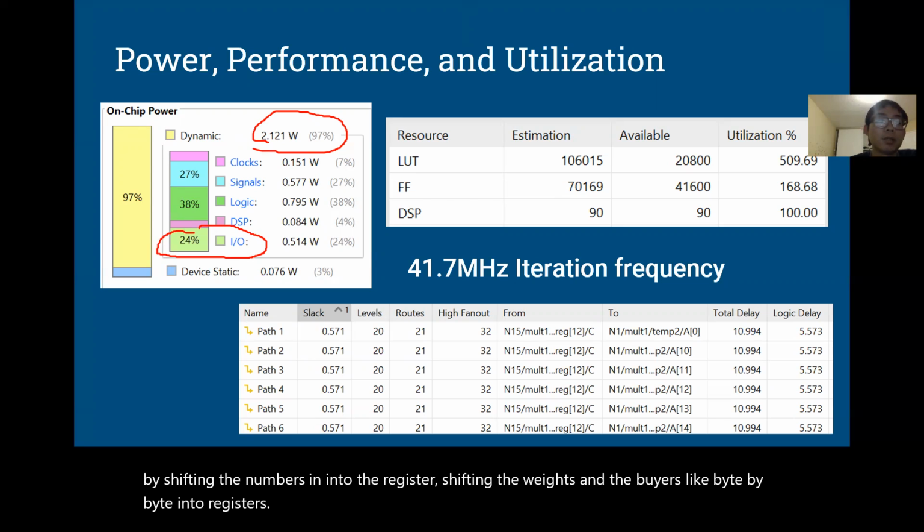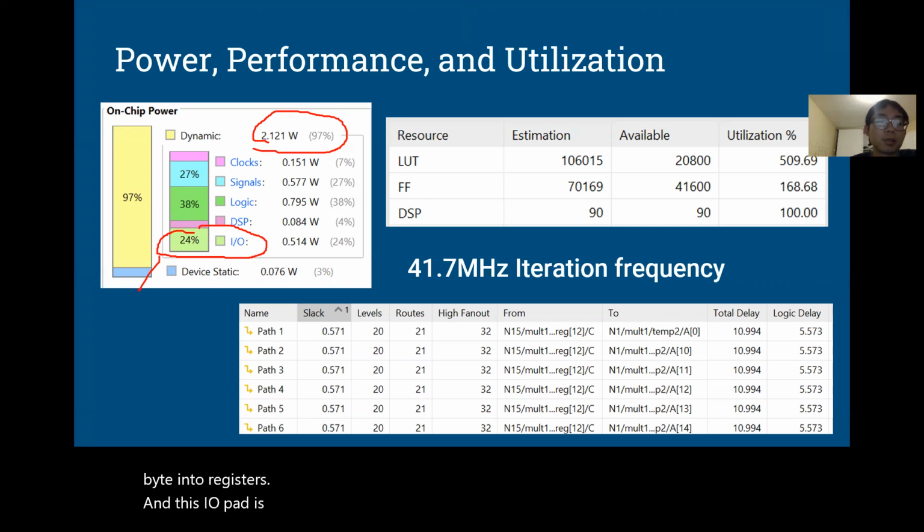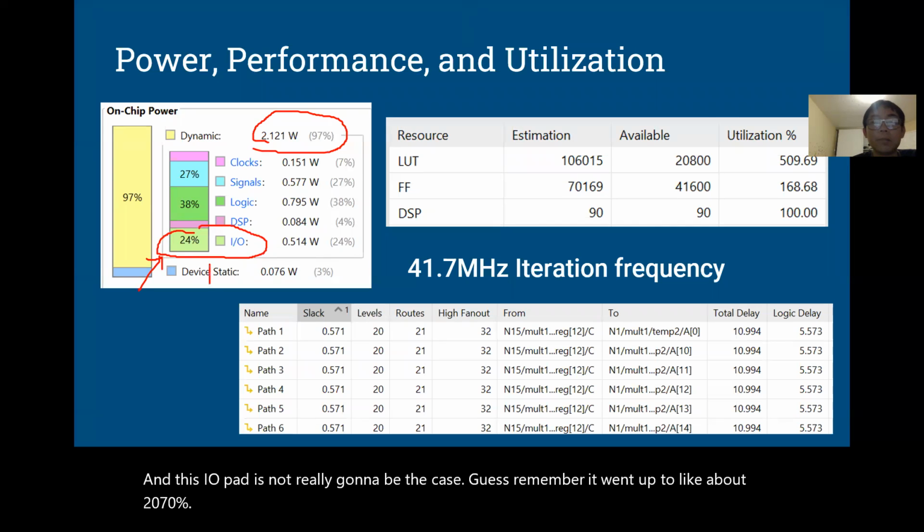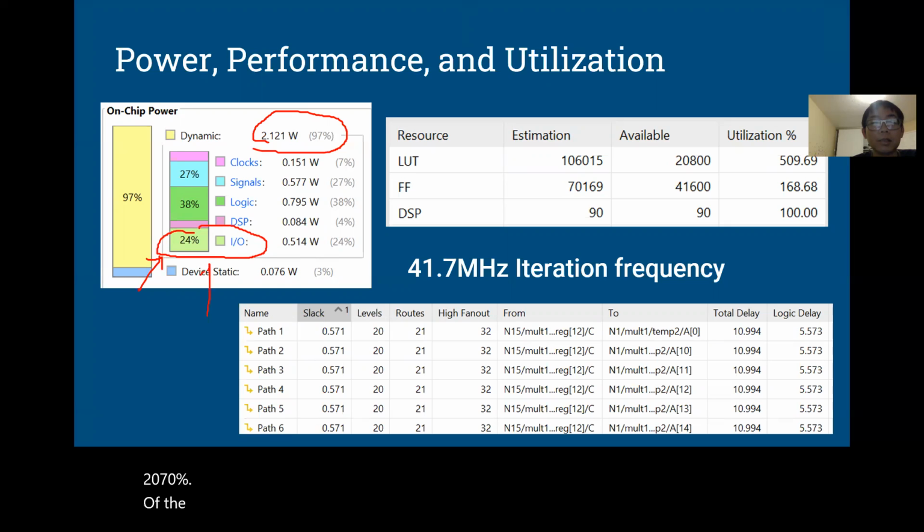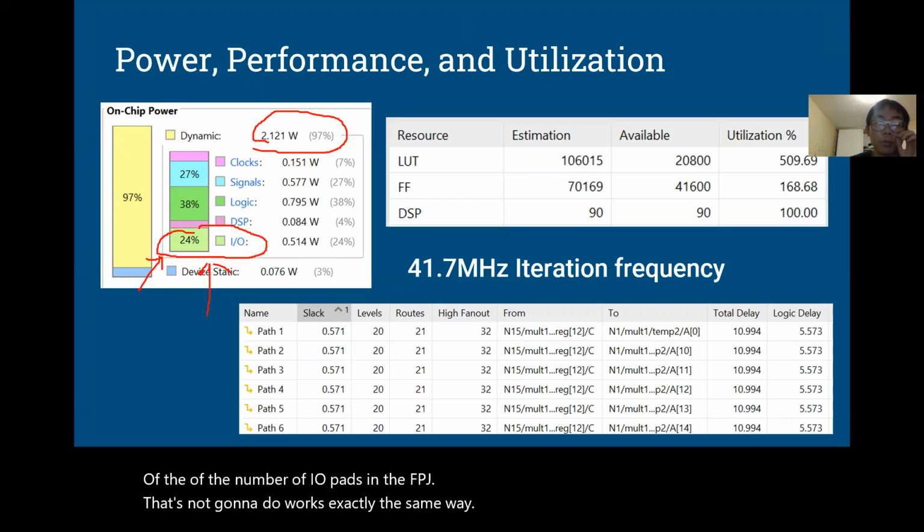And this I/O pad is not really going to be the case, because I remember it went up to about 2,000 something percent of the number of I/O pads in the FPGA. That's not going to work the same way when we actually manufacture the chip.